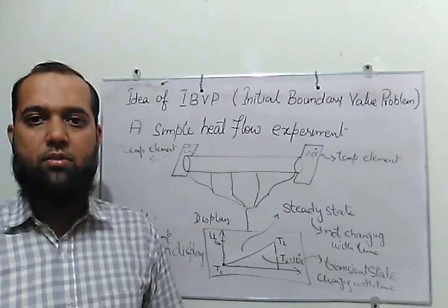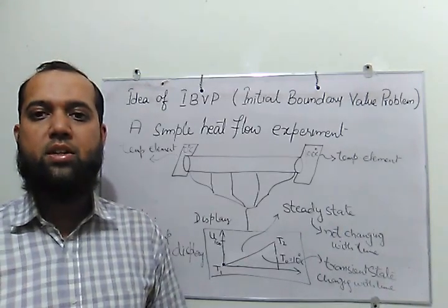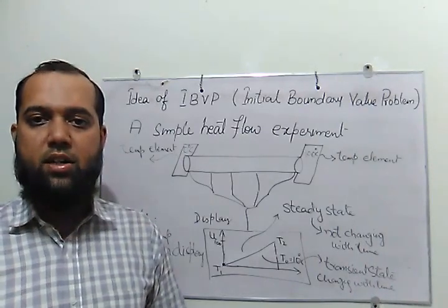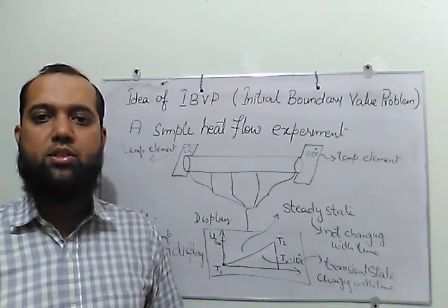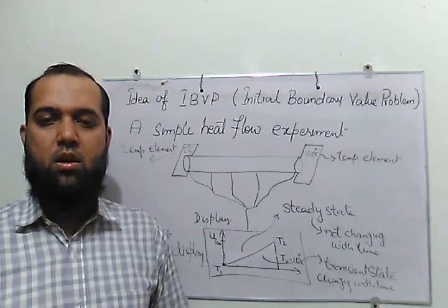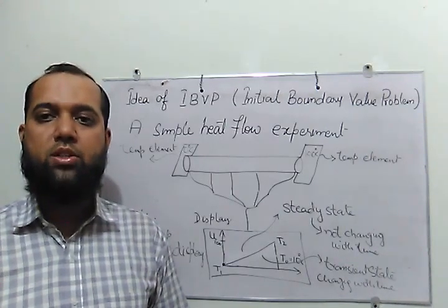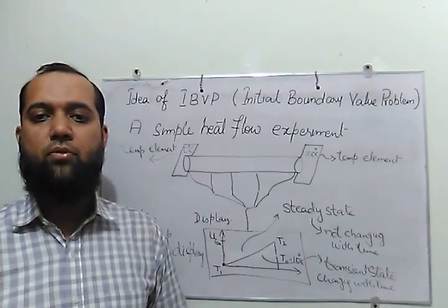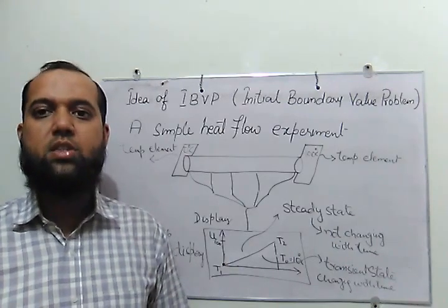First we see a straight line, which shows that the whole rod is at 10 degrees centigrade. Then we see a transient state in which the temperature near the ends is changing but in the middle of the rod it is the same. After a very long time we see that the temperature is uniformly distributed from 0 to 100 degrees centigrade in the form of a straight line. We call that state the steady state.